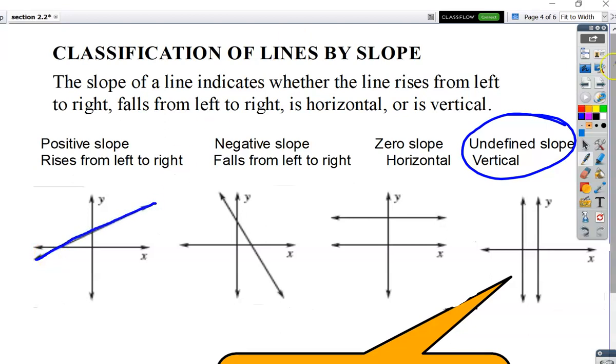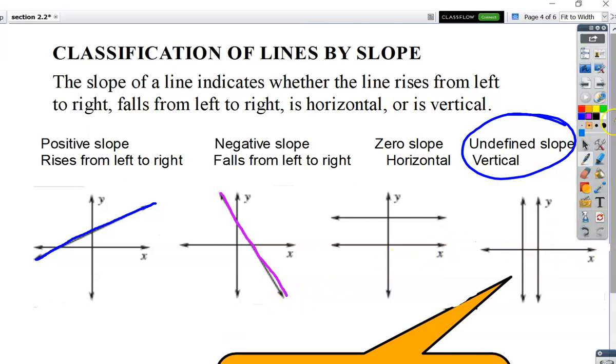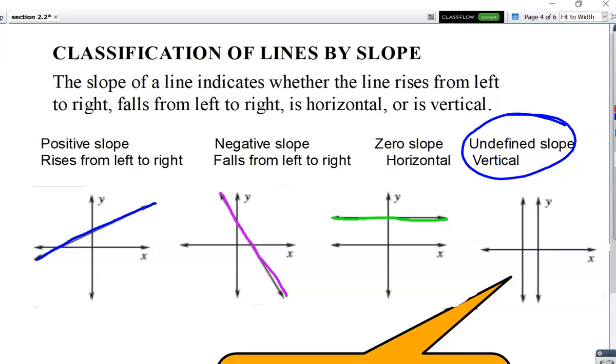If we have a negative slope when we're moving left to right, the line should be decreasing. If we have a zero slope, we have a horizontal line. So anytime you have a horizontal line or a zero slope, it should never ever touch the x-axis.